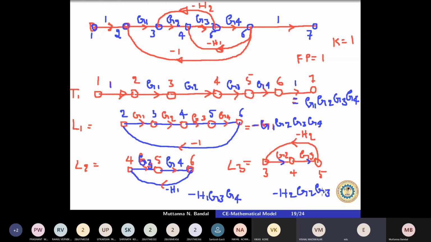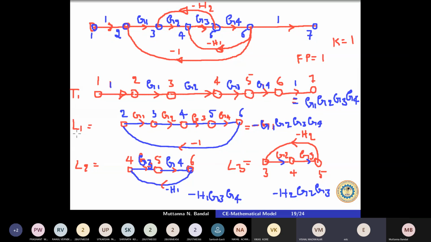And if you see in the formula what I have written, delta is equal to 1 minus the individual loops, plus the product gains of two non-touching loops. Now I have to understand these touching loops. Now there are 3 loops here, right? In this signal flow graph.